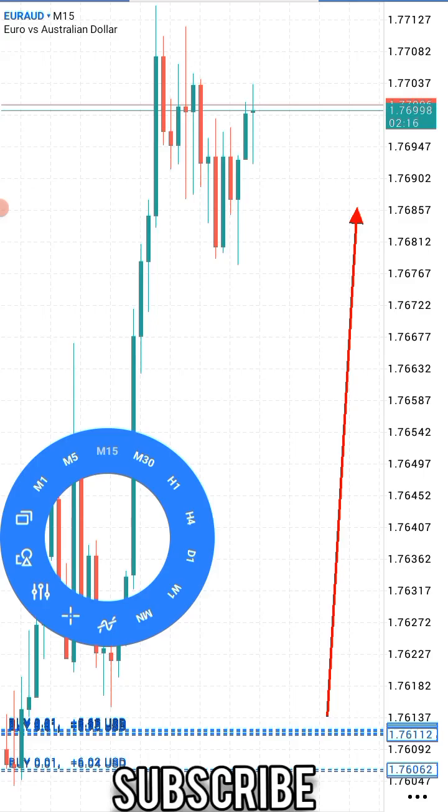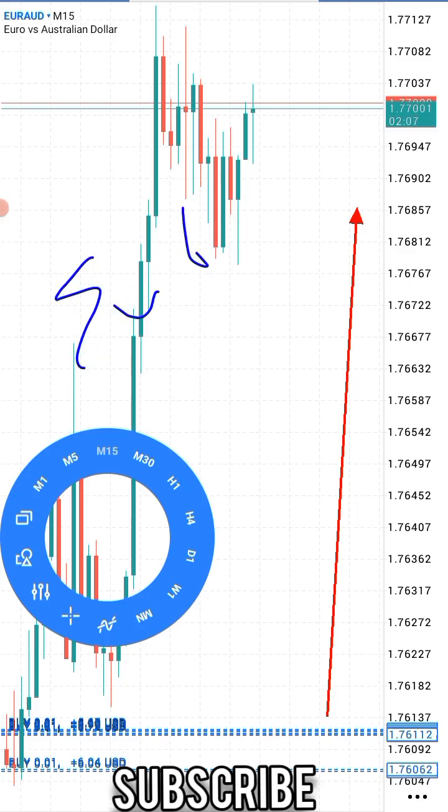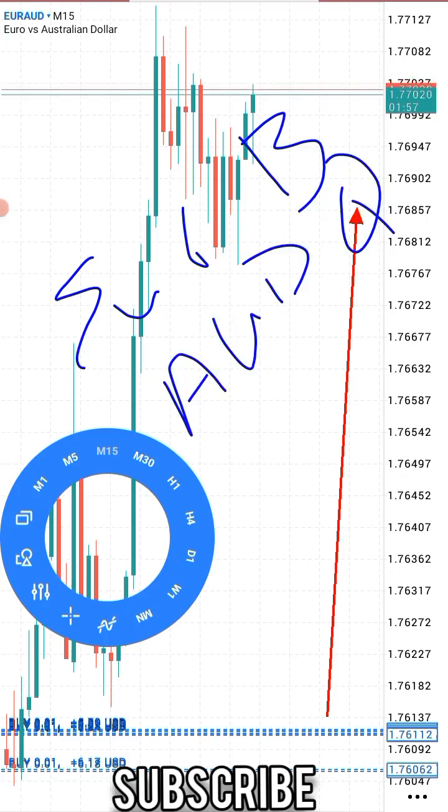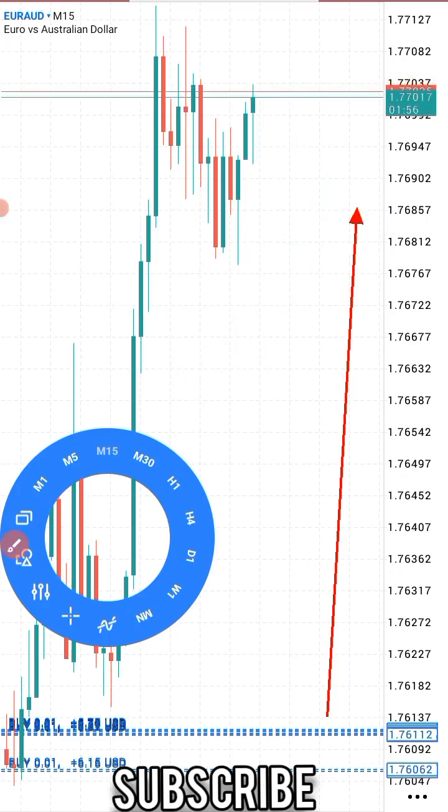So the base currency is the first, and the second is the code currency. Euro is the base currency, and the AUD is the code currency.